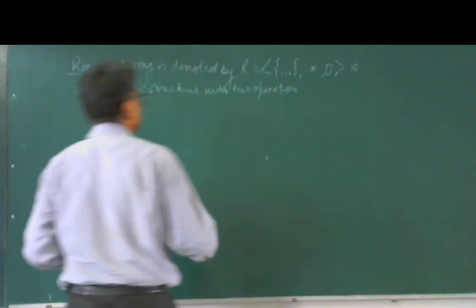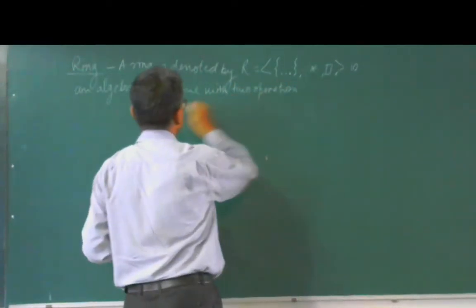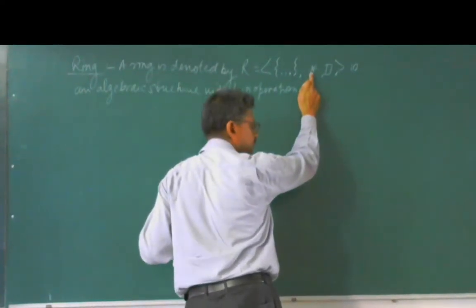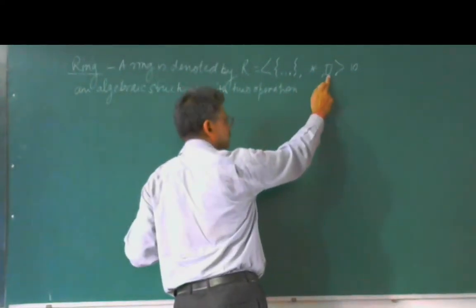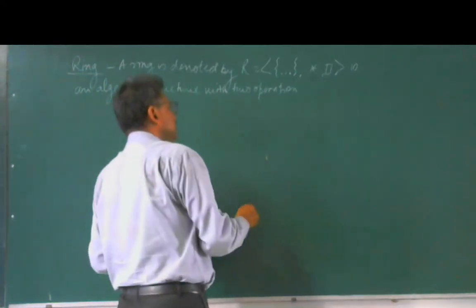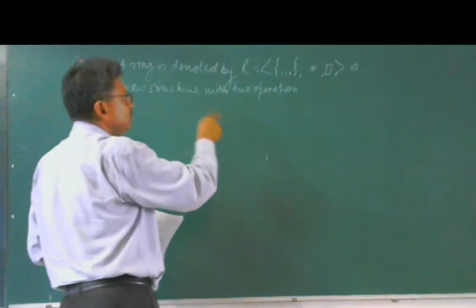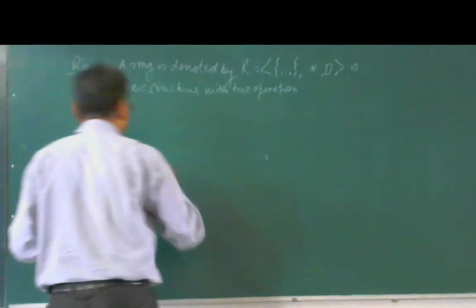So the third property, I'm not going to write anything. I have already explained that this should satisfy all five properties and this should satisfy the first two properties. And besides that, the second operation must be distributive over the first operator. What does it mean?